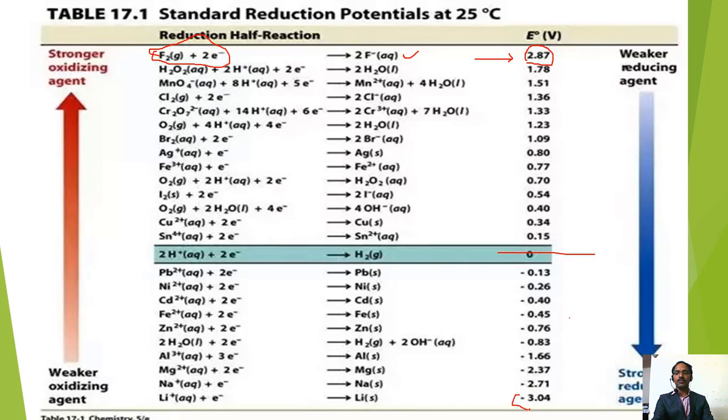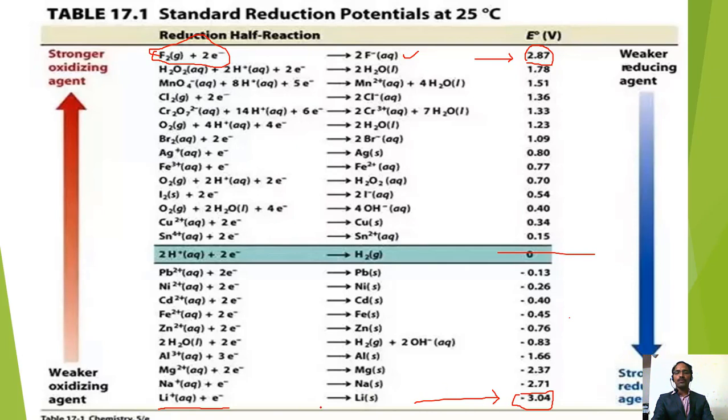The lithium value is minus 3.04. Reduction potential value is given in the negative sign. That means the lithium's electron-taking tendency is minus 3.04. That means it is not taking electrons, it is losing electrons.